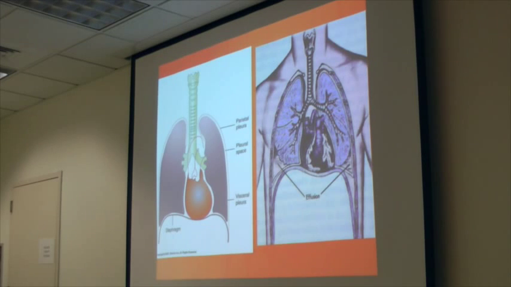When you look at a chest x-ray, instead of seeing sharp angles where the lungs meet the rib cage, you will see a blunted angle. So even if you're not looking at the x-ray, if you're just reading an x-ray report on your patient, it'll say blunted costophrenic angles, or it'll say costophrenic angles are sharp.